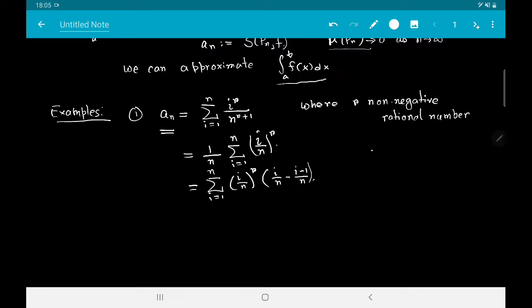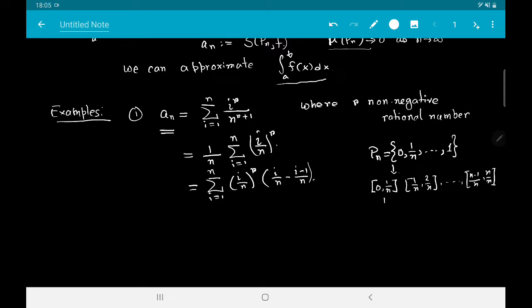Now you can think of the partition which we have already seen, a partition which divides the interval [0, 1] into n equal parts, and so this partition gives rise to subintervals [0, 1/n], [1/n, 2/n], etc., up to [(n-1)/n, n/n].